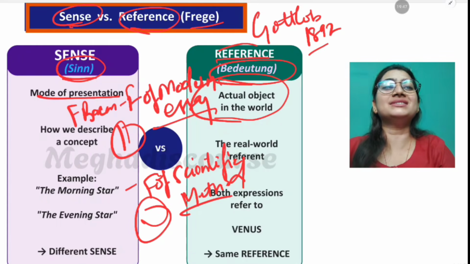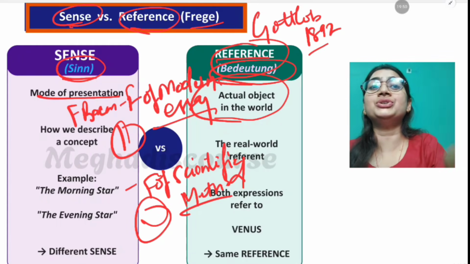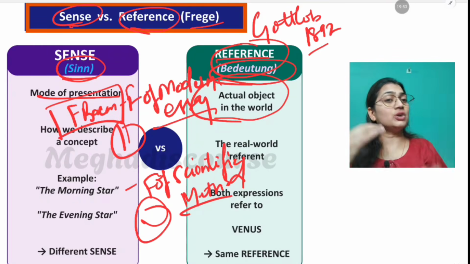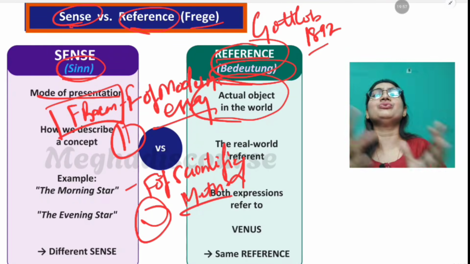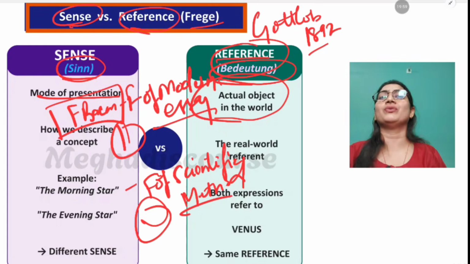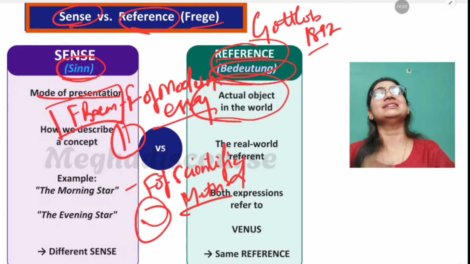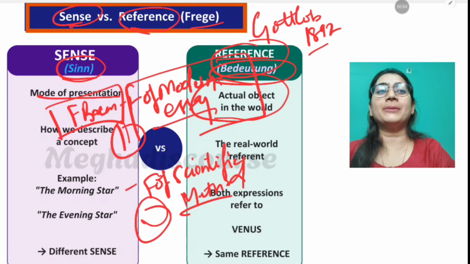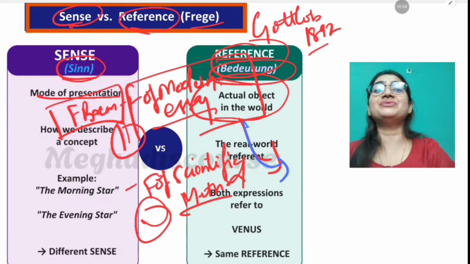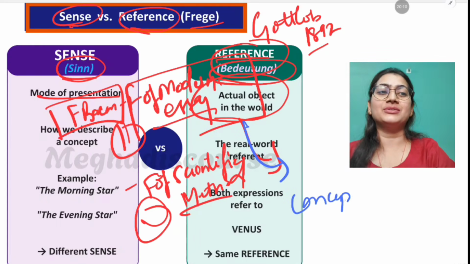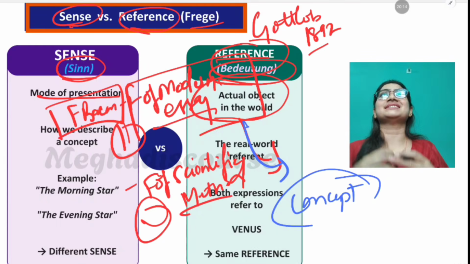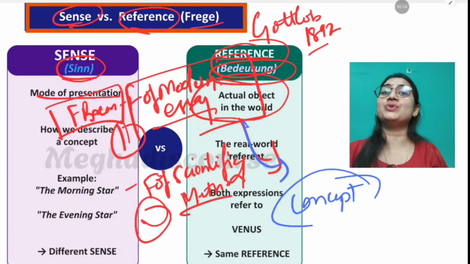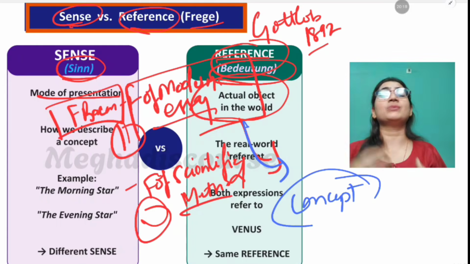Reference is about whom it is referring to: Francis Bacon. The context is different, that is, the sense is different, but it is referring to Francis Bacon. So this is the difference between sense and reference. In sense we are describing the concept behind it. That is, he is father of the modern essay because he gave the structured and intellectual form of essays after Montaigne.